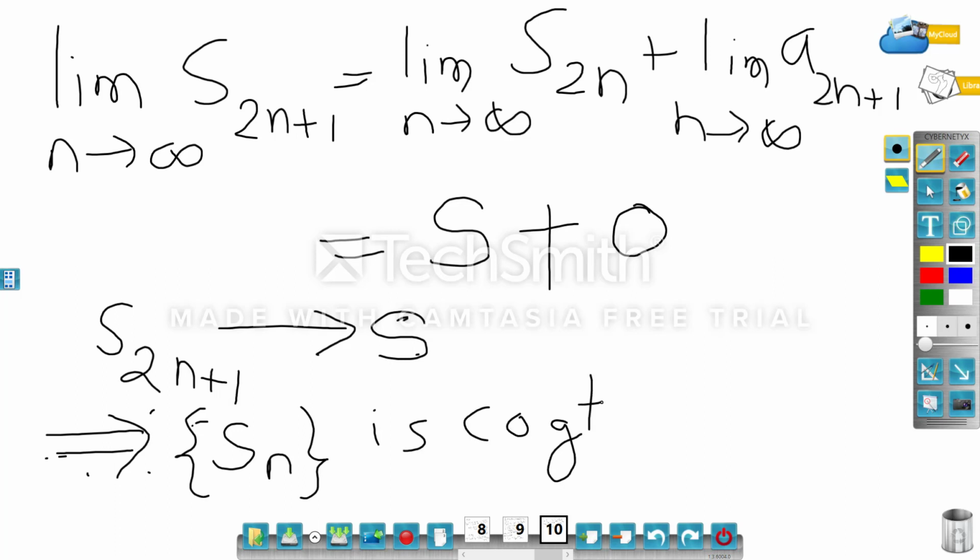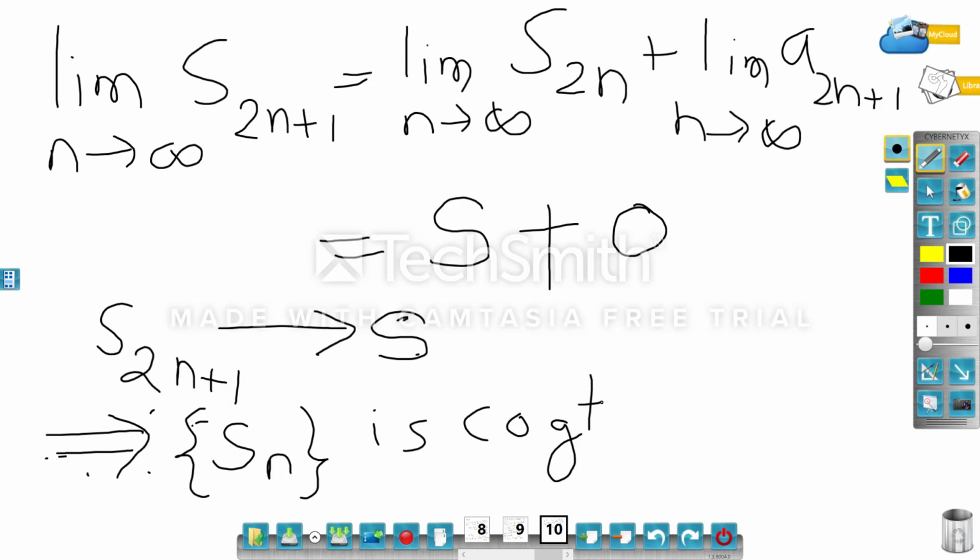Now it could be a small exercise. One could see that if you get two subsequences, where one is the sequence of odd partial sums and the other is the sequence of even partial sums, and both converge to the same limit, then we can straight away say that the parent sequence is convergent.